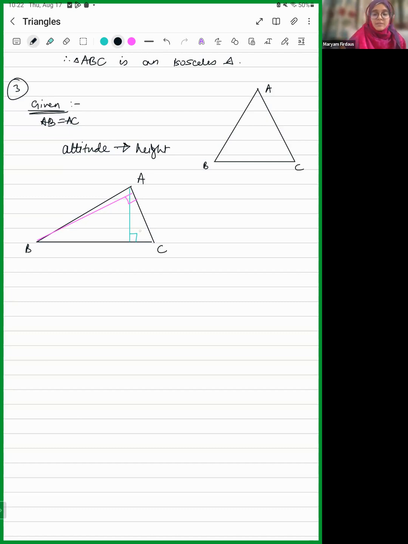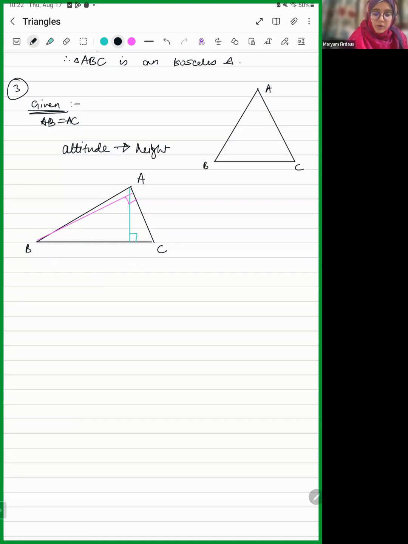Base doesn't always mean the side which is at the bottom. If you rotate the triangle, the base will change. So right now, the pink altitude corresponds to base AC. This altitude is for this base. The blue altitude is for base BC.